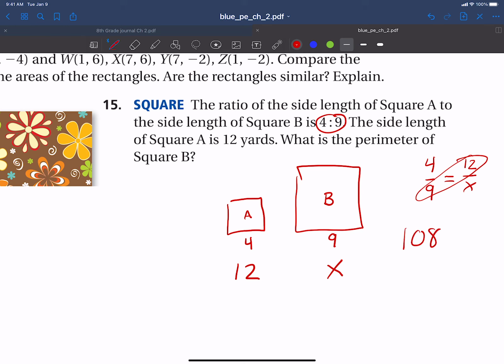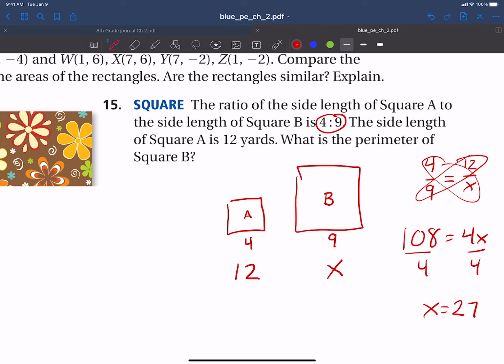Good. 108 equals, what's 4 times x? 4x. Divide that. You get 27. Woohoo! Now that's what we did doing the unreducing, right? The kids who were like, oh, I can see, you just multiply everything by 3 to get to the next number, right? So what is the side length of B? 27. Yeah, it's actually 27, right?